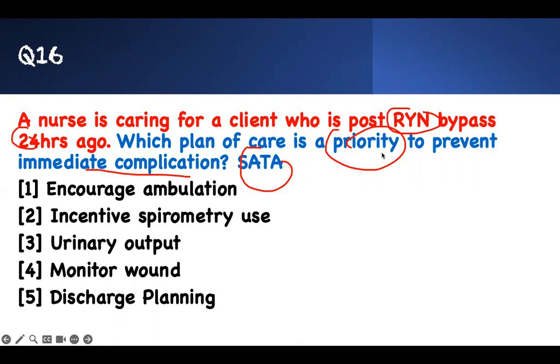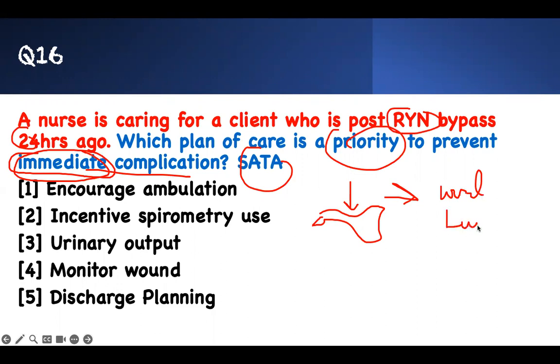What do you think? I have gastric bypass, so which plan of care is a priority to prevent, keyword, immediate complication? Morbidly obese patient, okay, heart surgery. What do you think you need to do? Anybody who has surgery, I want to prevent immediate complications: wound infection, lung problem, and DVT.